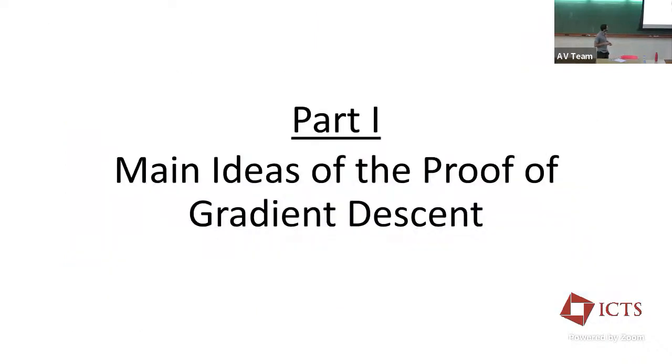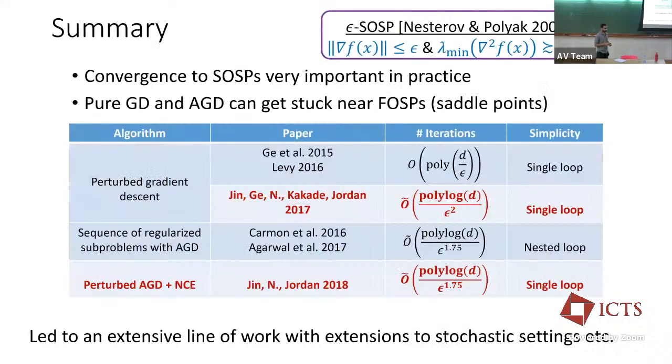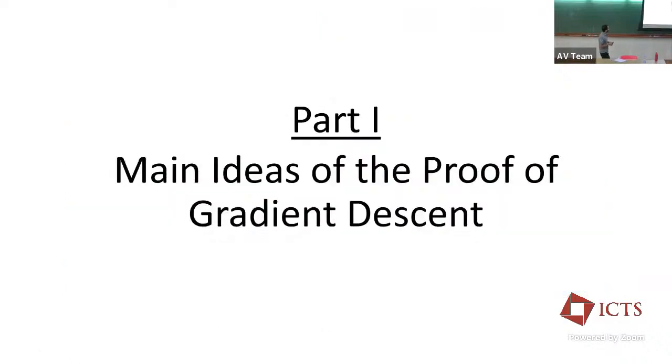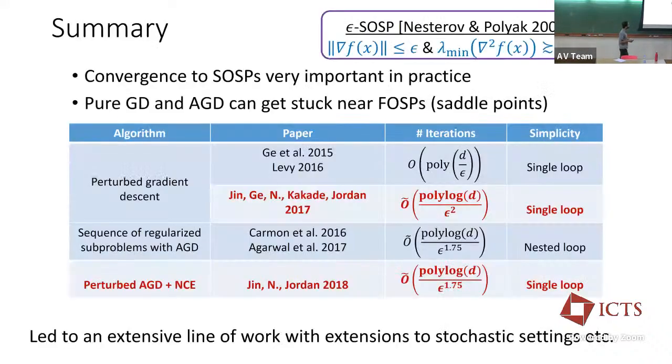Any questions about anything so far? Okay. Just one question for the Hessian: why are you taking it in the square root scale?